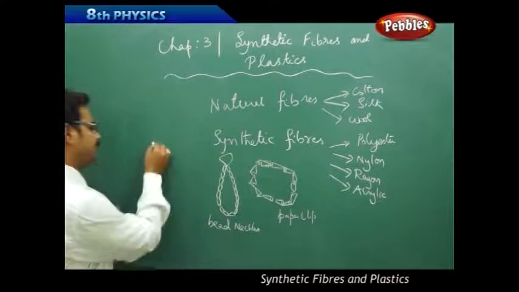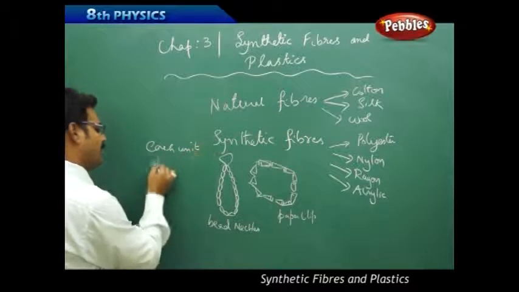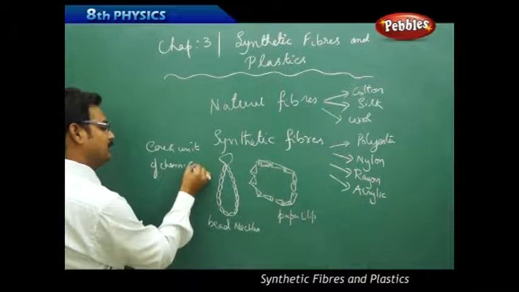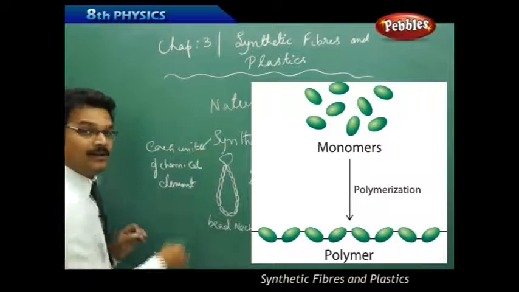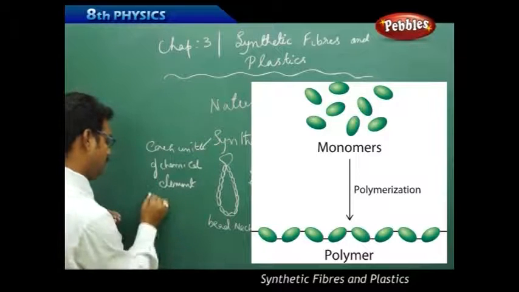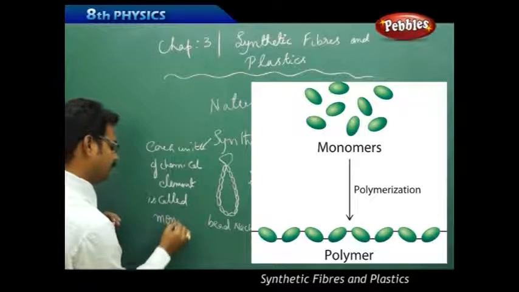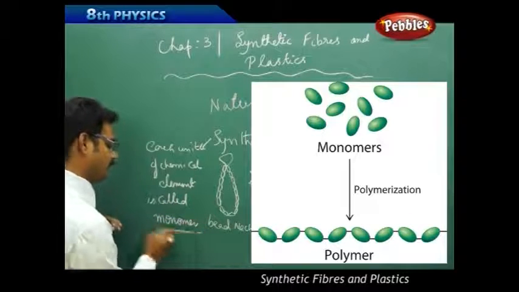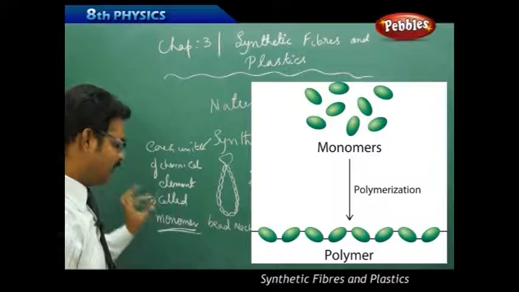And each unit of chemical element in a synthetic fiber is called a monomer. Mono means single. So each unit is called a monomer.